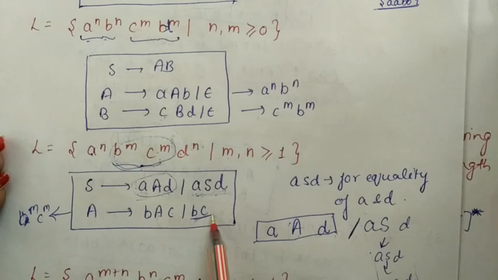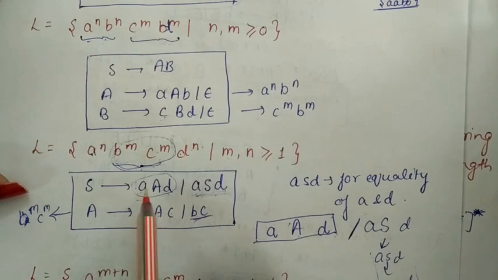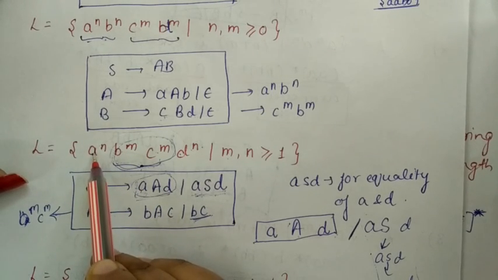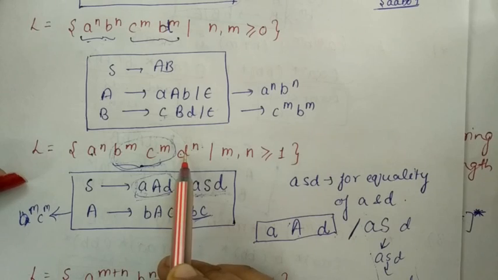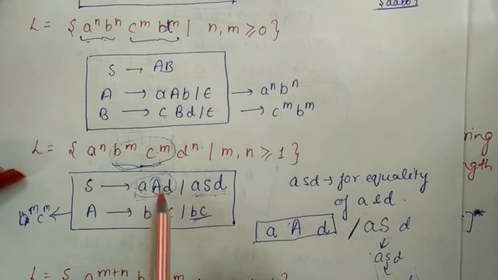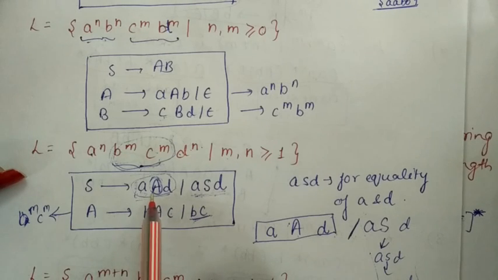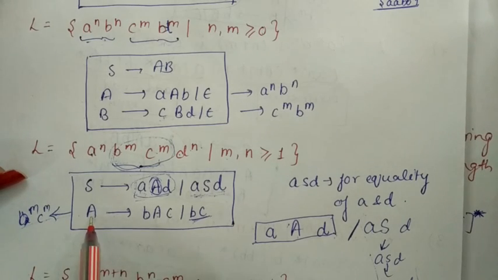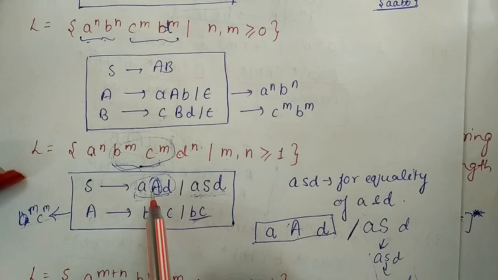Now why have we written this production? In starting it is a, and in ending it is d, and we have the repetition of bc here. The repetition of bc, that is equal number of b and c, is represented by A. That's why we have written A in between.